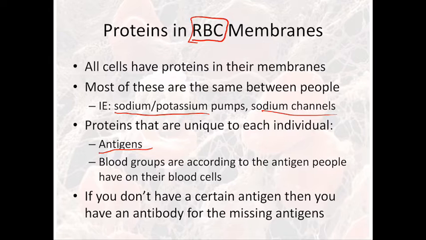Blood groups like type A, type B, O, all those different ones are according to the antigen that people have on their blood cells. Okay? And really what antigen means is antibody generating.